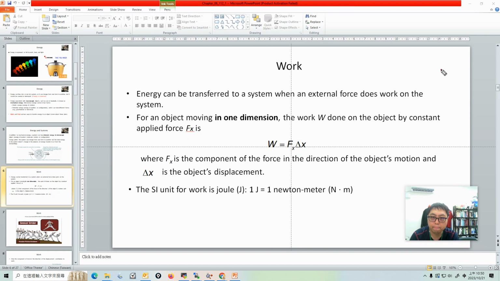Okay, there's a subscript x here, so it's Fx times delta x, and delta x is the displacement.